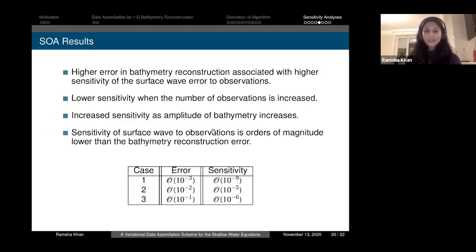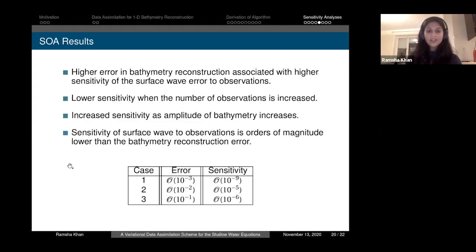And also we saw that as the bathymetry amplitude increases, so does the sensitivity of the surface wave error to the observations, which kind of makes sense. If you have a bigger perturbation of the sea floor, then the surface wave is more likely to be sensitive to that.